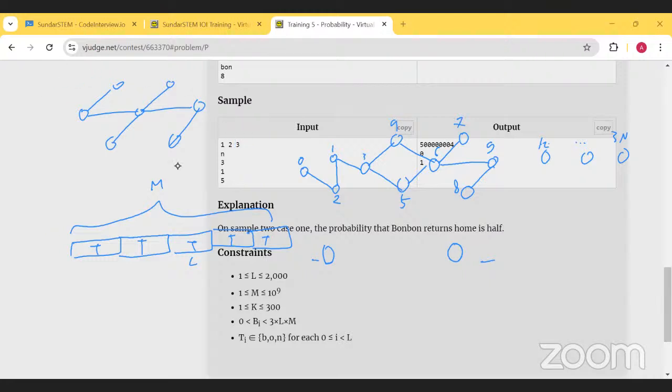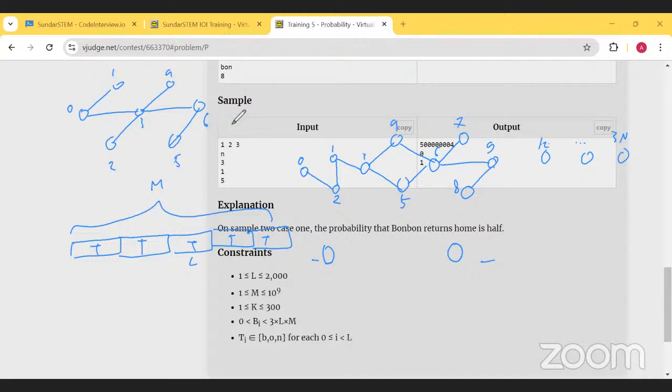For example, for this sample, the index will be like this. So if we start from node 3, let's see here, the graph is symmetric, right? Between left and right it is just the same. So of course the probability to win to the right and to lose to the left is exactly the same.